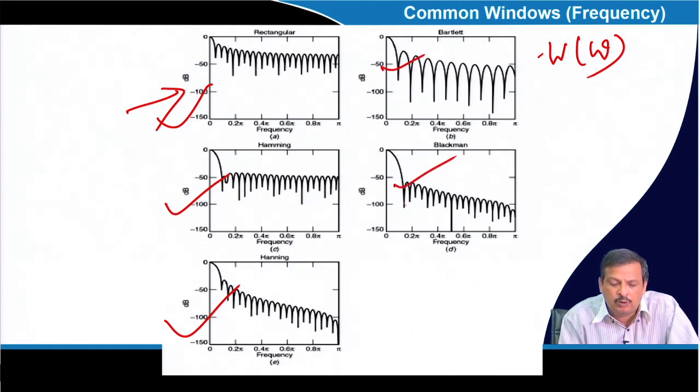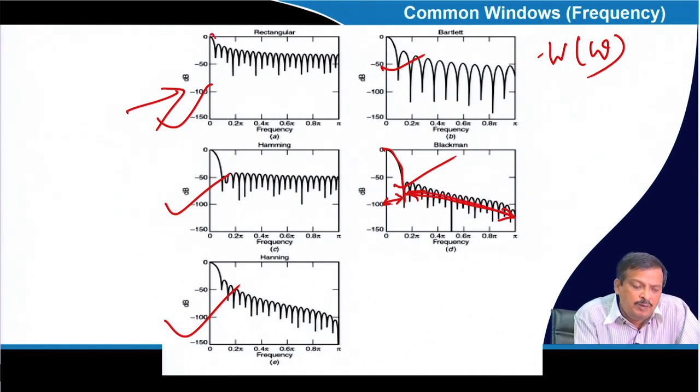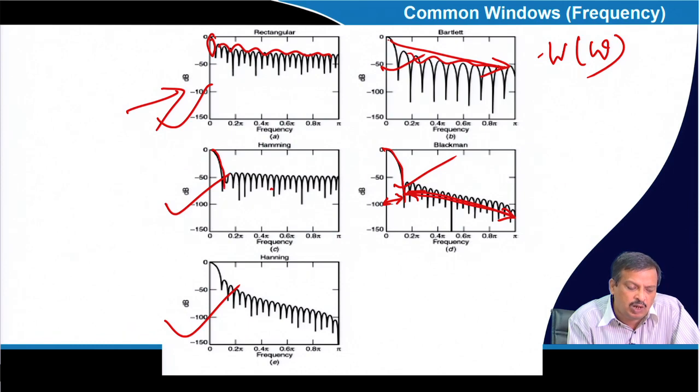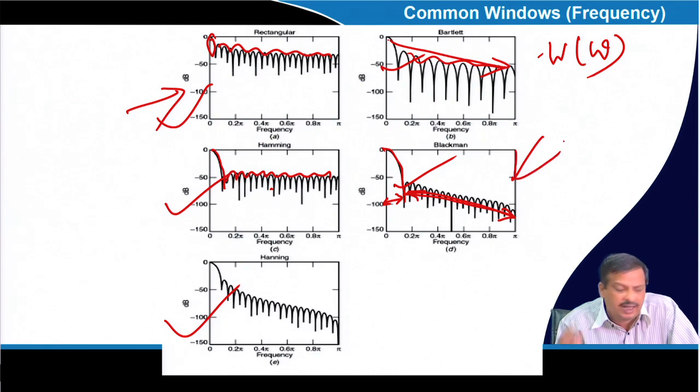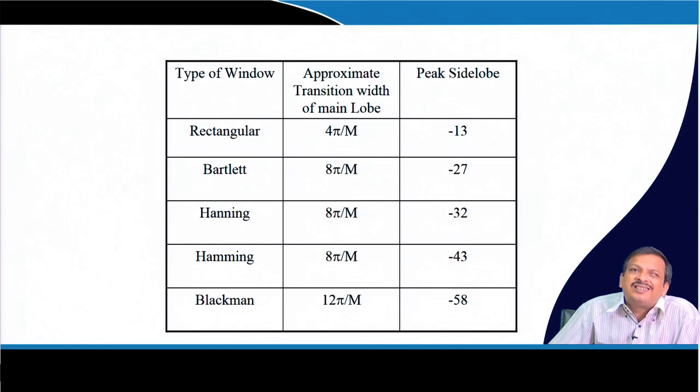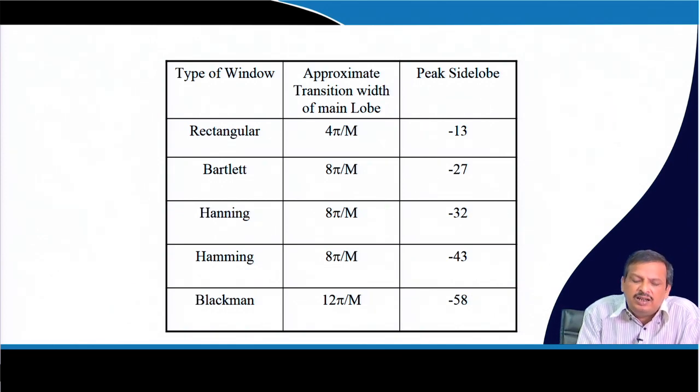If you see the Blackman window, the main lobe is wide and the side lobe is very much attenuated. But here the main lobe is very narrow and there is a lot of ripple in the side lobe. Here also there is a lot of ripple in the side lobe, but the attenuation in the side lobe is much higher. Here the main lobe is wide, but the side lobe also has some attenuation. Depending on these characteristics, there is a relationship between the window function and the peak side lobe and the transition bandwidth in the main lobe.